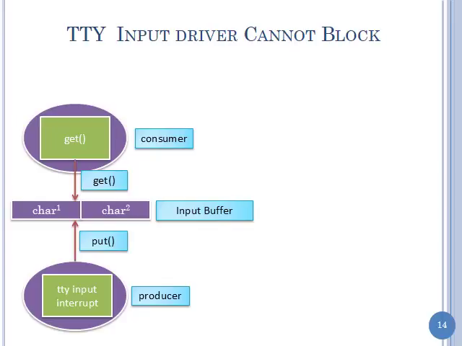Now let's try to face the problem that the TTY input driver cannot block. Remember the upper half. Quick question: when you're writing to a buffer in operating systems, you disable interrupts and then write to the buffer, so that no one else can also write to it, and then re-enable interrupts.